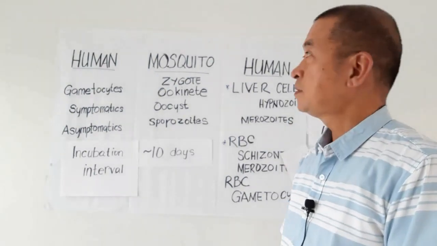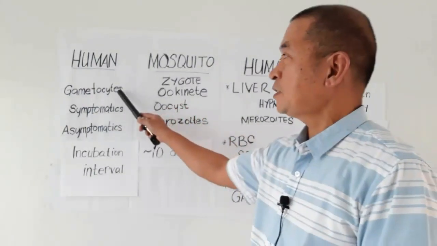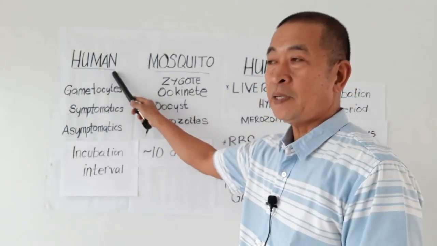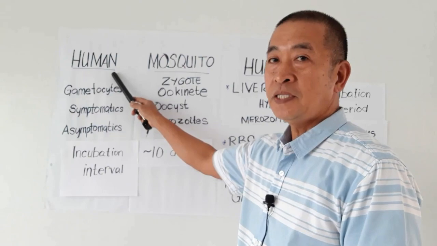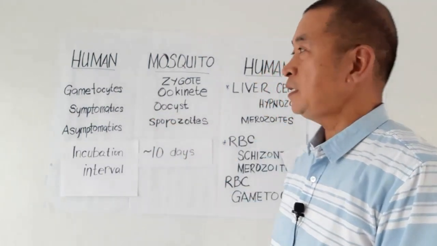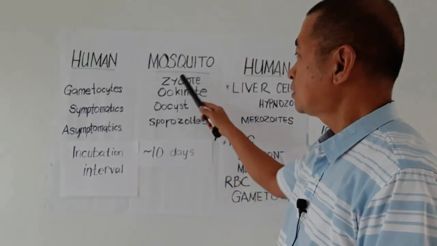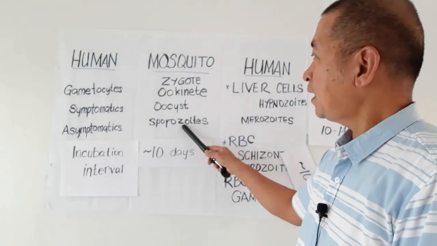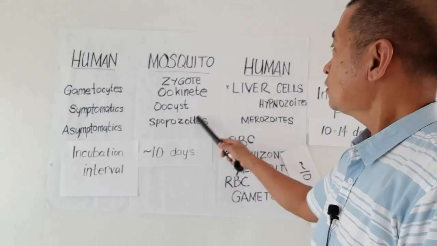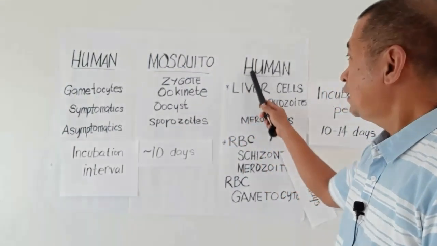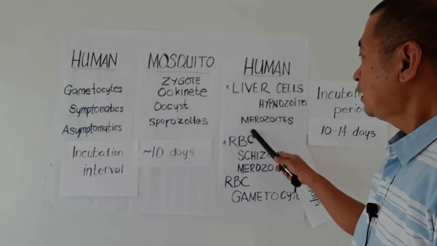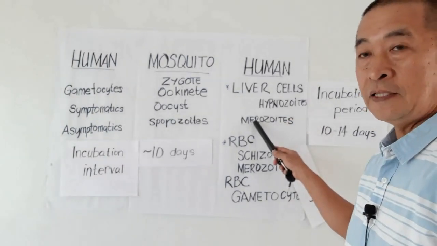In summary, the mosquito takes gametocytes from a human carrier of the malaria parasite. The human can be symptomatic or asymptomatic. The parasite develops inside the mosquito, and when the mosquito feeds on another human, it is injected into the blood, invades liver cells, develops in the liver cell, and releases merozoites into the blood.